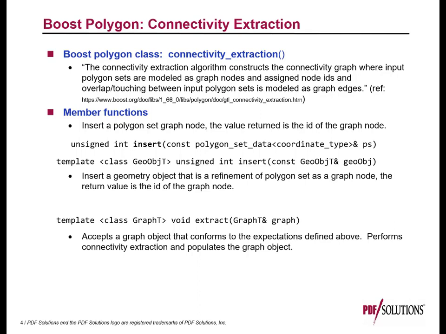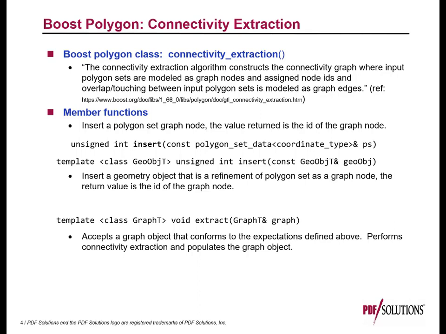As a return, and you see here the unsigned int is the return, you get an index back, and the index, coincidentally, is just an index from 0 to however many shapes you have, meaning it just comes back 0, 1, 2, 3, 4, 5. So this is for your own bookkeeping, meaning the first polygon you put in there gets 0, the second one you put in there is 1, and so forth.